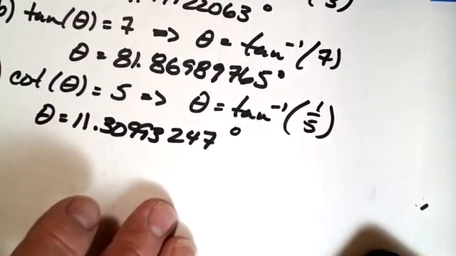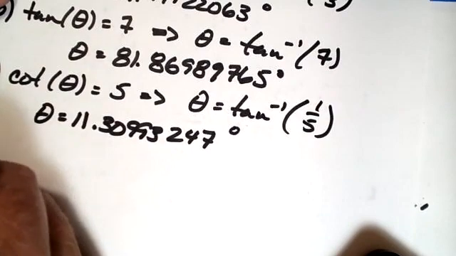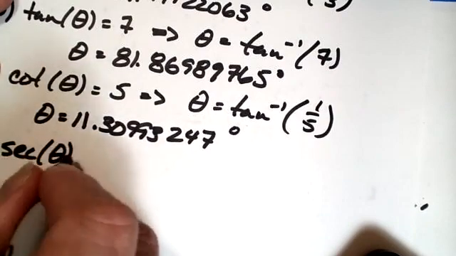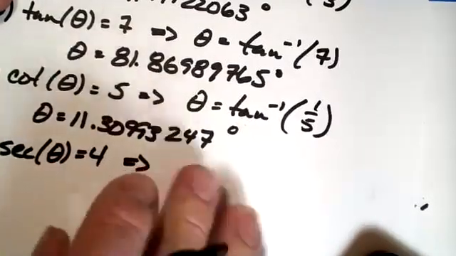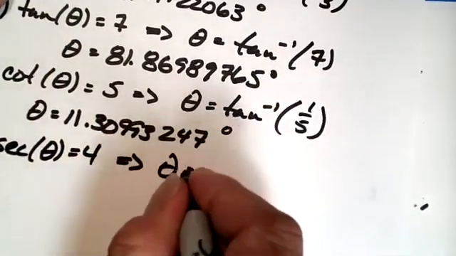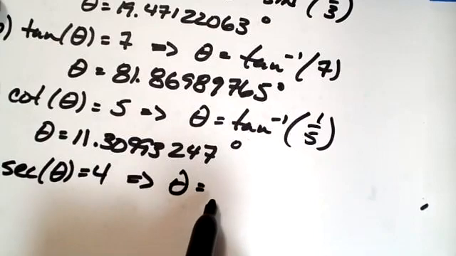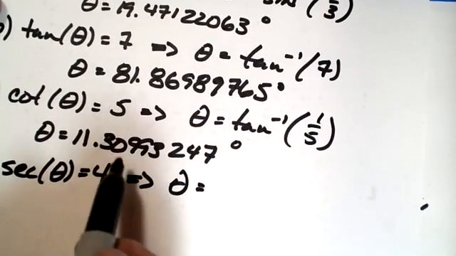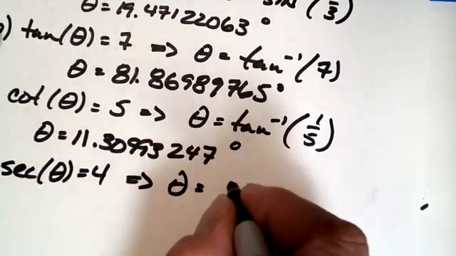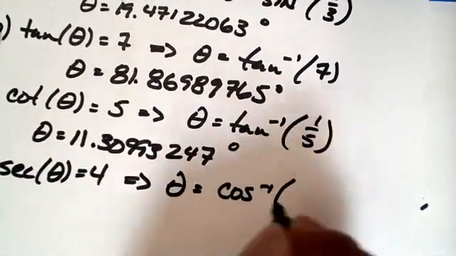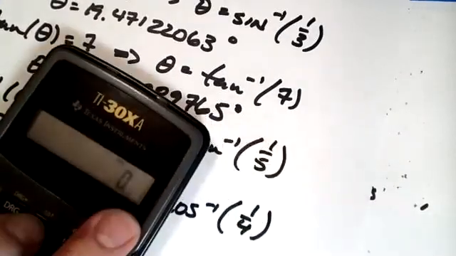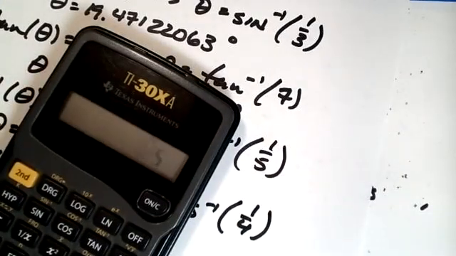We had D. We were doing this with secant. So secant of theta equal to 4 implies that theta is equal to, and again, this is going to be the inverse reciprocal function of the reciprocal of the value. So this will be the inverse cosine of 1 over 4, which will be 0.25, 1 divided by 4, right?